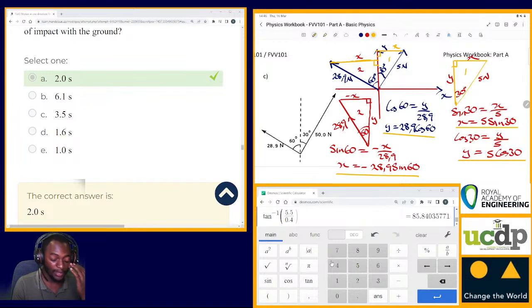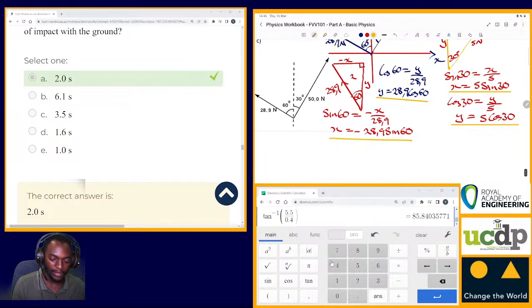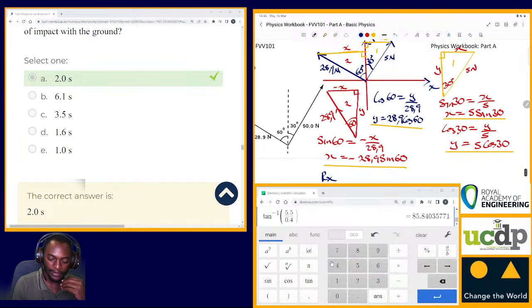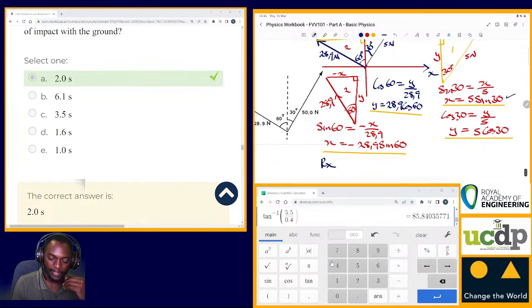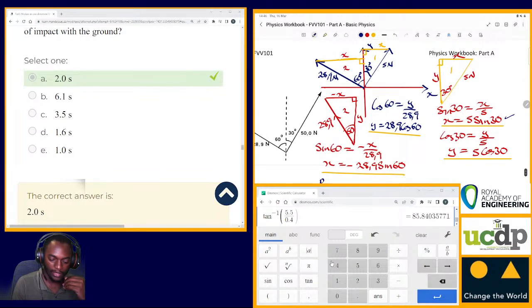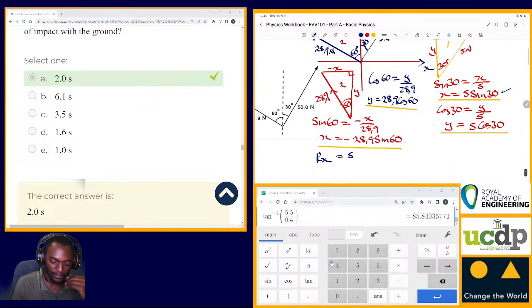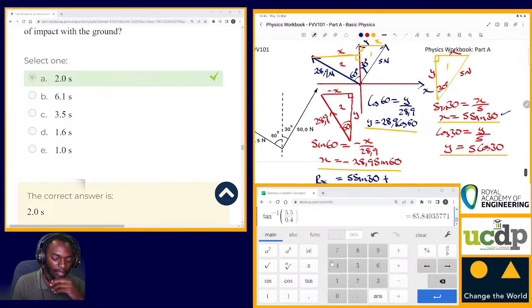Now when we've done this, what remains is summing up. We now have to sum what we have there. So r in the x. For r in the x, what are we going to get? For this one, we got 5 sine 30, and it is positive, equal to 5 sine 30 plus the one that is on the negative side.